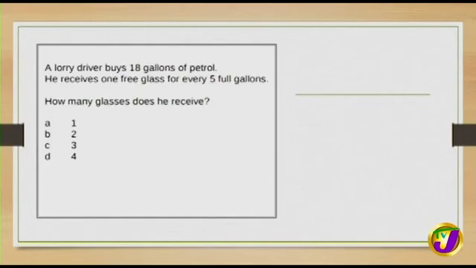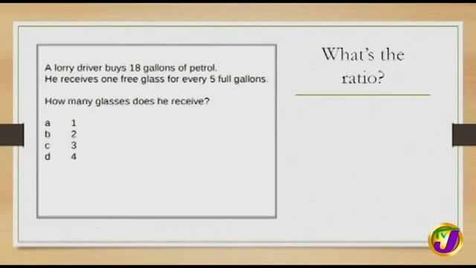A lorry driver buys 18 gallons of petrol. He receives 1 free glass for every 5 full gallons. How many free glasses does he receive? Let's look. Now we're looking at ratios.